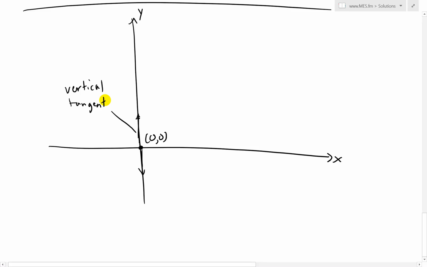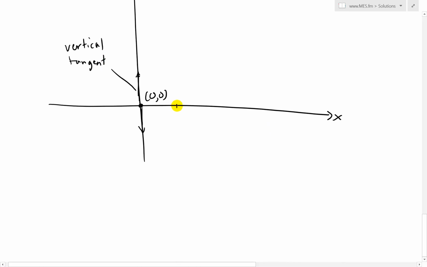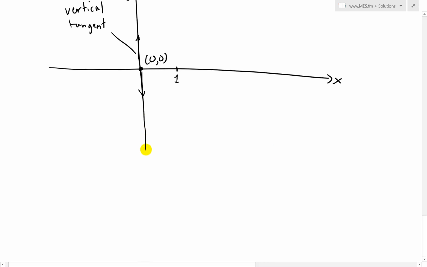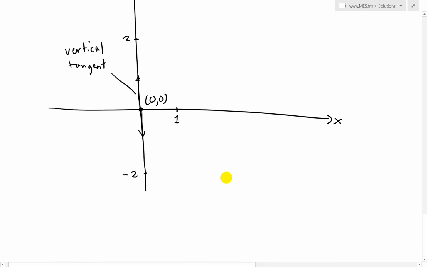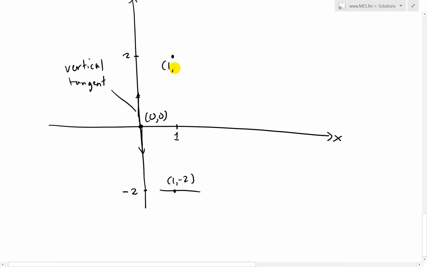Then we know that at the point (1, negative 2) we have a horizontal tangent, and also at (1, positive 2) we have a horizontal tangent like that.